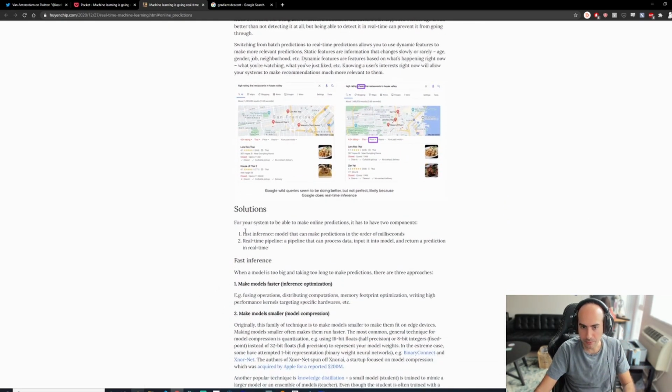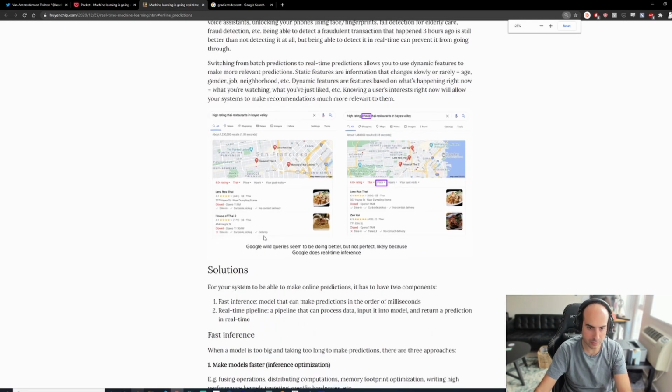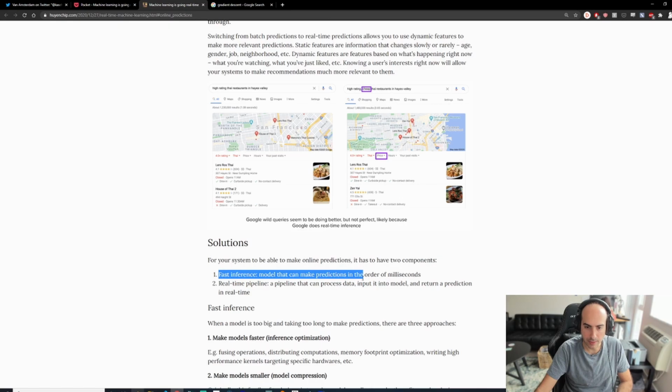And so basically here they're saying that to really make online predictions work, there are two technical problems. One is the problem of fast inference. The example I like to give is from my work at Microsoft.